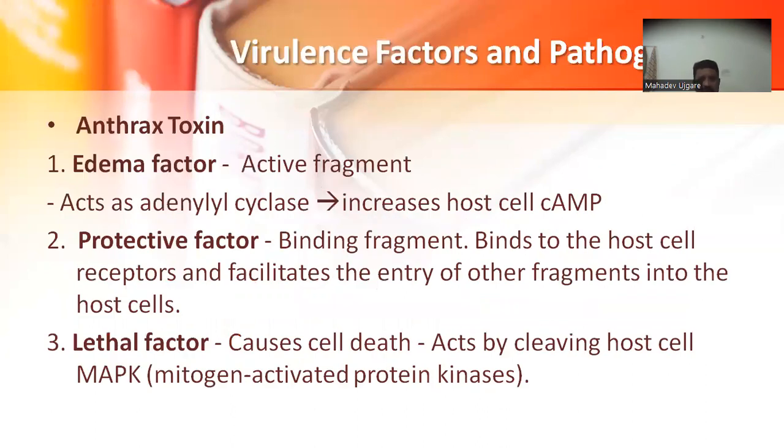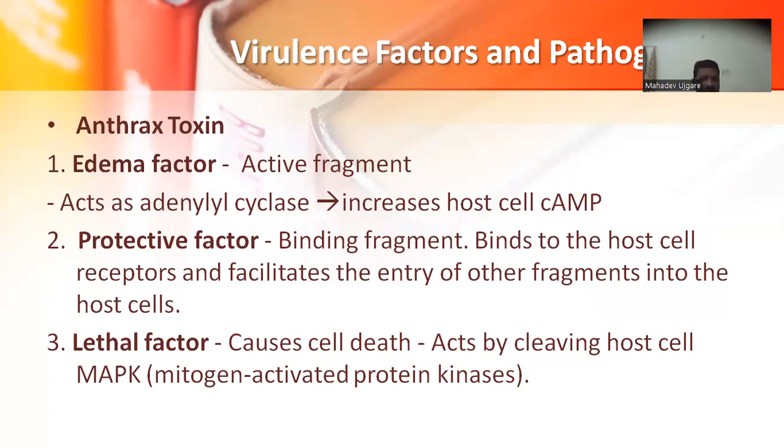Now its pathogenicity. The pathogenicity of Bacillus anthracis is due to the production of toxin. First is the anthrax toxin. It is a combined toxin, and three fragments are involved. First is edema factor, which acts as an adenyl cyclase and increases host cell cAMP.